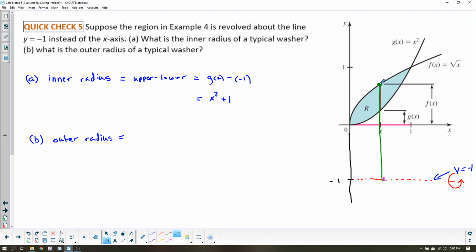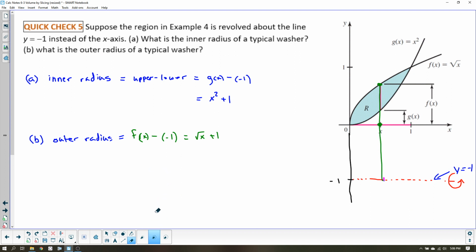You could just do upper, meaning f of x, minus lower, which in this case again is -1. So that's going to come out to square root of x plus 1. And the second way works as well. This segment from just here to here is square root of x, and that length is 1. So square root of x plus 1 also just goes straight to that answer.